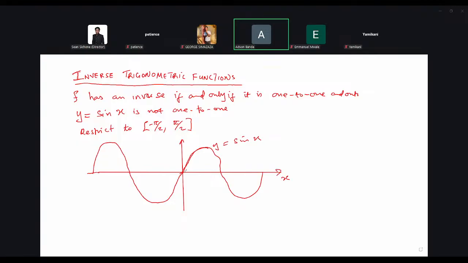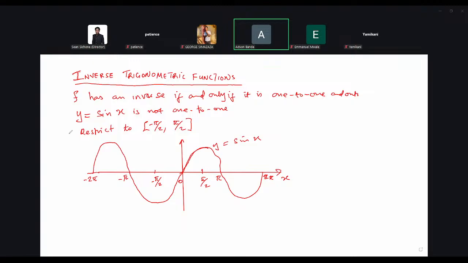So what we mean by restricting the domain, so we have 0, here you have pi, and that to be 2 pi. So the period is 2 pi, and so this will have negative pi, and then negative 2 pi. Right, so in between here, we have minus pi by 2, and also pi by 2. So we are saying that we are going to restrict our function in this interval, which has pi by 2 and negative pi by 2.